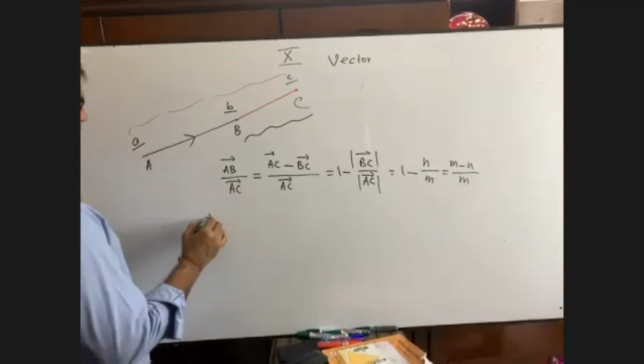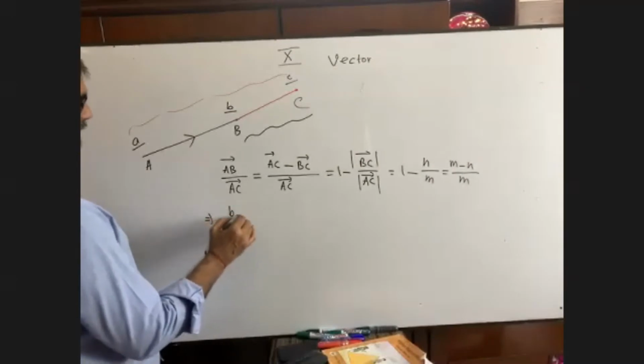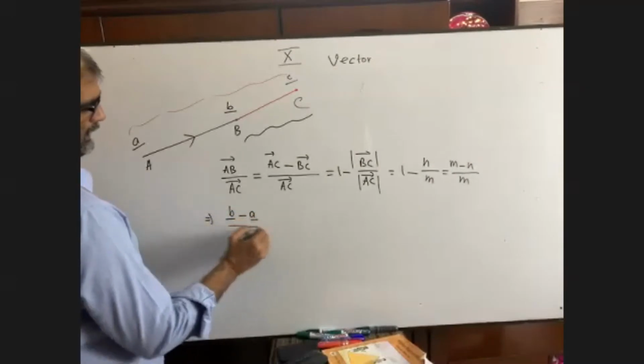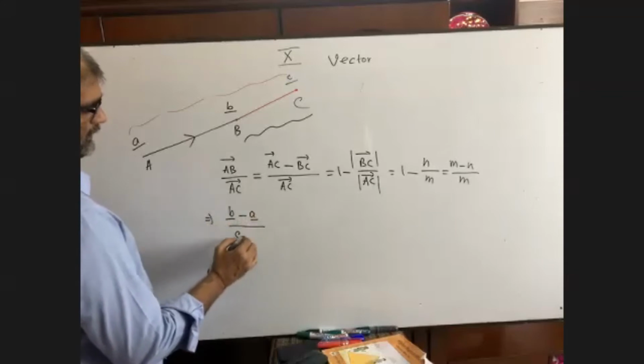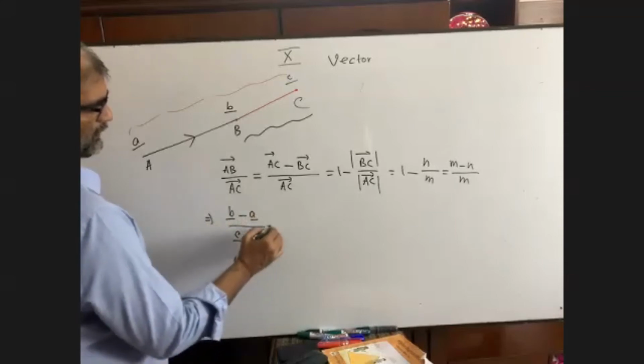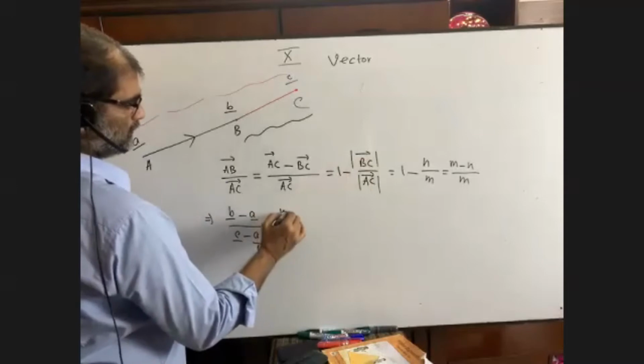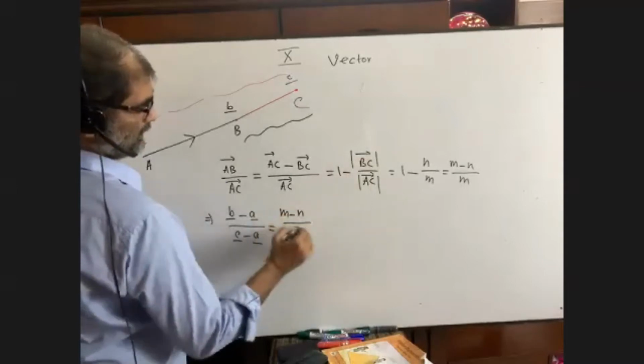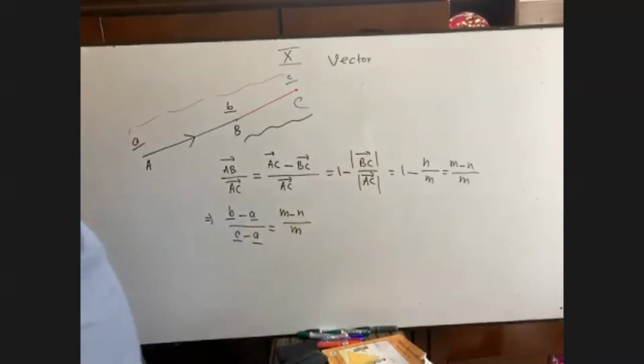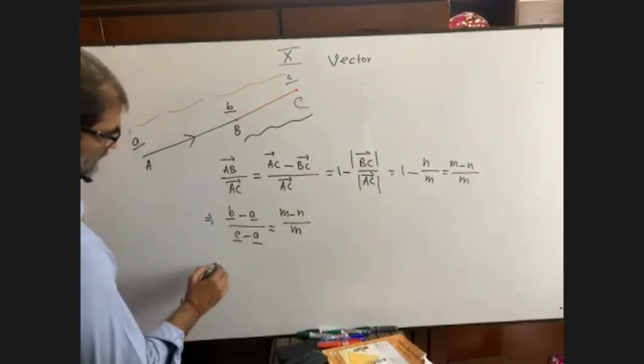Now what is the value of AB? We know the value of AB is B minus A and AC is C minus A. This is equals to M minus N by M. Now please multiply it.